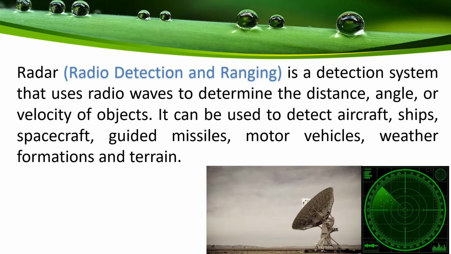So, nagagamit siya para ma-detect yung paparating na mga aircraft, paparating na ships, or spacecraft, guided missile. Diba? Pag napapanood natin sa mga movie, yung mga fighter plane, nakalock na ang missile. So, that is because of radar. Pwede rin siyang gamitin for motor vehicles, weather formations, and terrain.